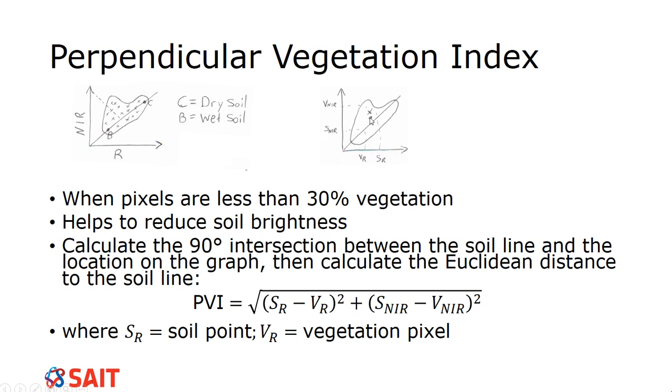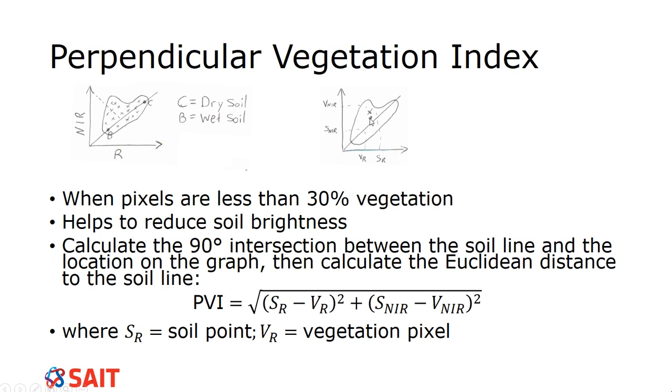So we have this S minus V. We have the soil point and the vegetation point. Ignore these little circles here. This X will have my vegetation point, so that's my vegetation point in the near infrared.